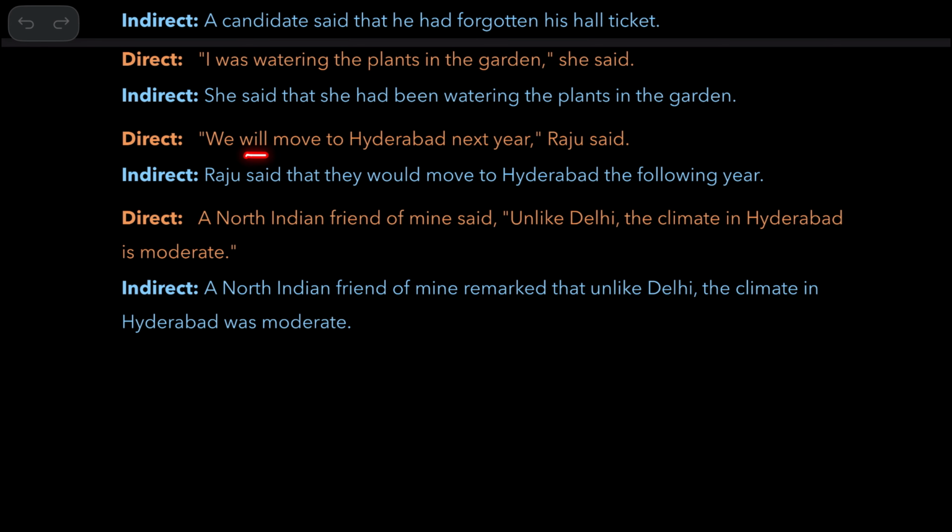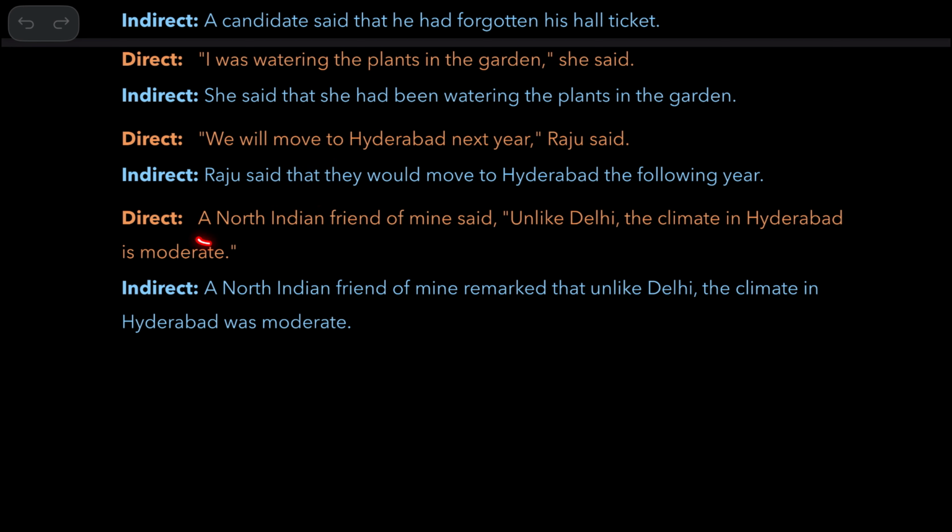We will move to Hyderabad next year, Raju said. Raju said that they would move to Hyderabad the following year. Now you see here will changes to would, and also next year changes to the following year, and we changes to they. Of course, there are other changes like the insertion of the word that, the removal of the quotation marks.